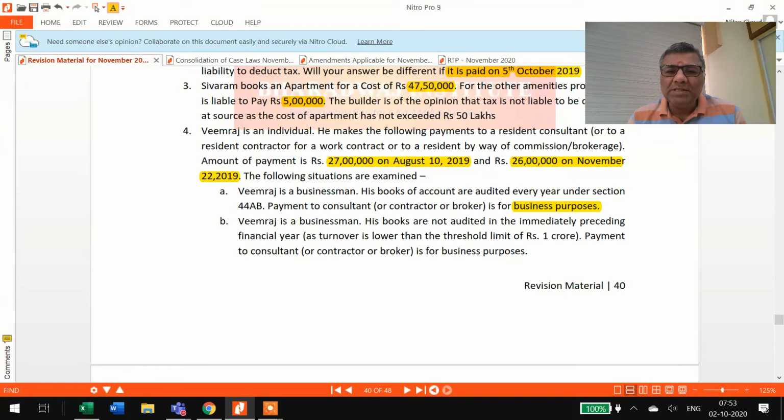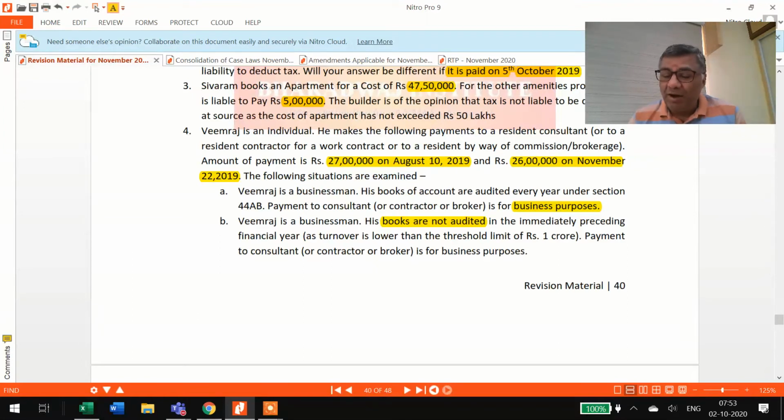Bhimraj is a businessman. Books are not audited in the immediately preceding year. So, he is not liable under 194C, 194J, 194H, all those sections.